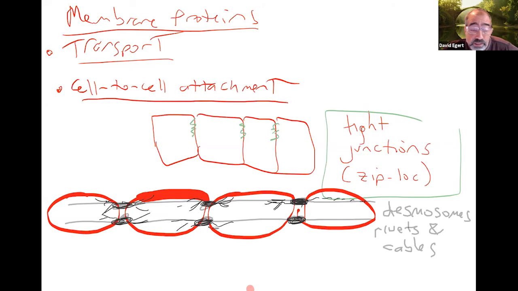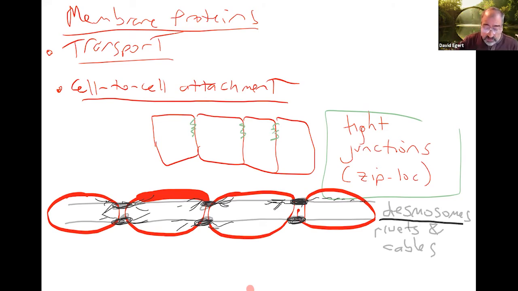So it's really hard to pull these cells apart, even under a lot of tension. Again, we're going to find this in a number of places where you don't want cells to rip apart. Again, in anatomy, it's important in like the epidermis, but in our class, it's holding cardiac muscle cells together so they don't rip apart. So desmosomes.